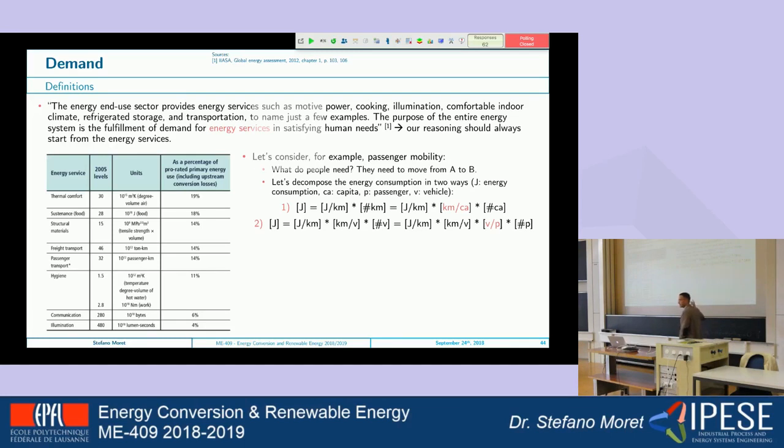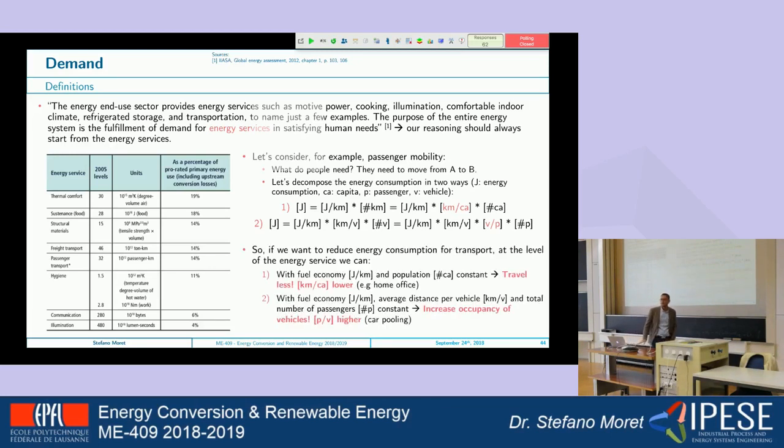In both equations, the nice thing is that only one is the variable. Let's assume that the joule per kilometer is fixed, so our car fleet is fixed, and the population of the country is fixed, and we cannot change that, which I think is a reasonable assumption. Looking at these two equations, the first thing we can do to influence energy demand is to change the way we live, the needs we have. For example, in the first equation, if you want to reduce the energy consumption, travel less.